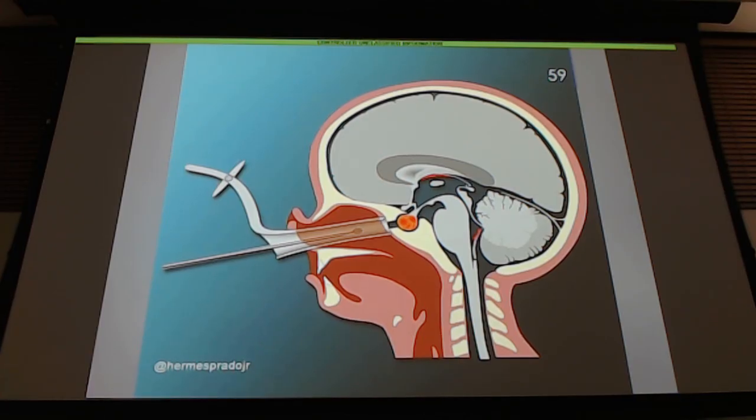Anyway, anybody guess how long ago, or how long have they been doing this? When did the first transsphenoidal resection happen? 20? 30? Longer. 100? More. 1907. So we started washing our hands in the late 1800s, like 1886.